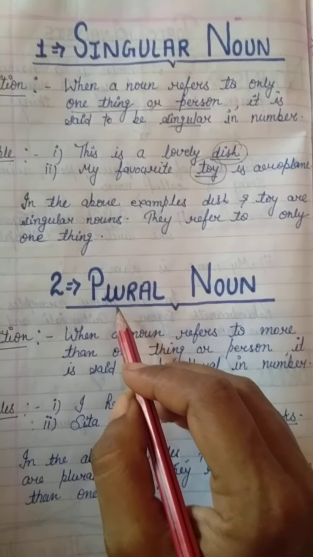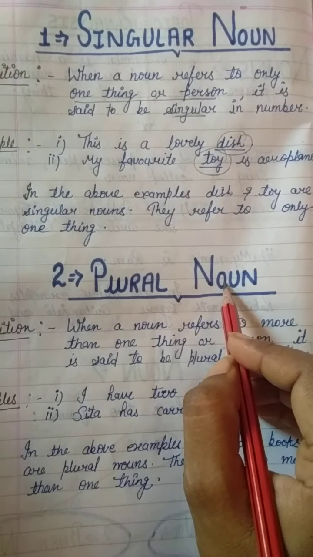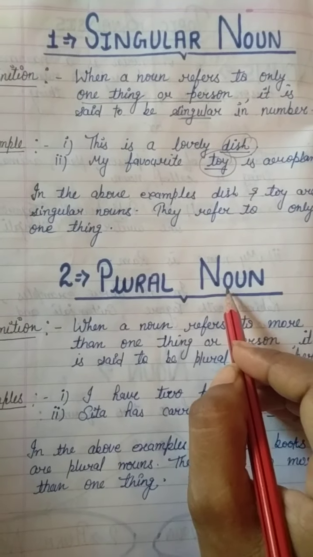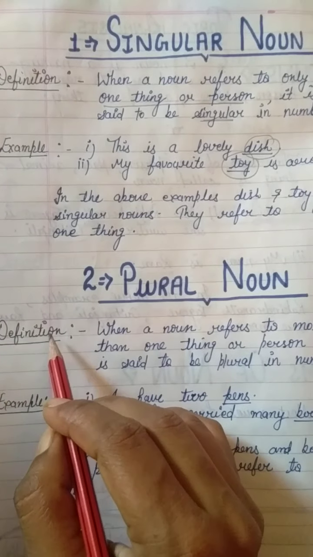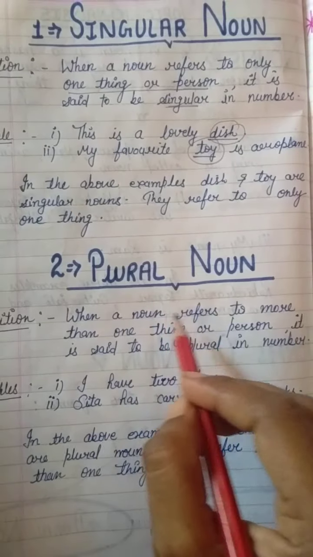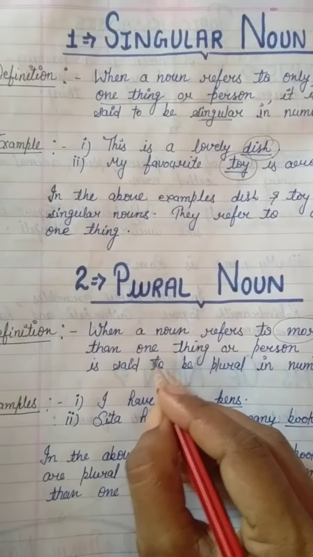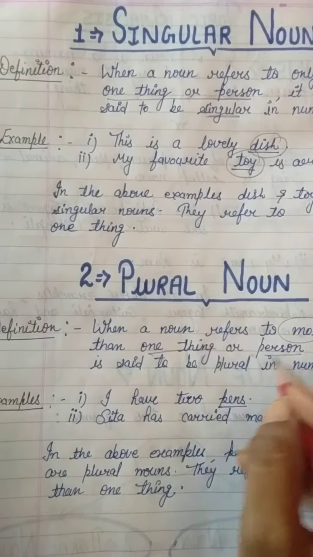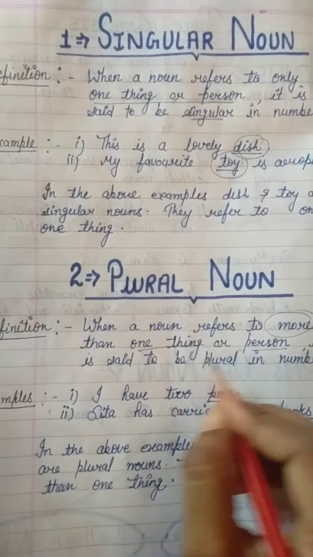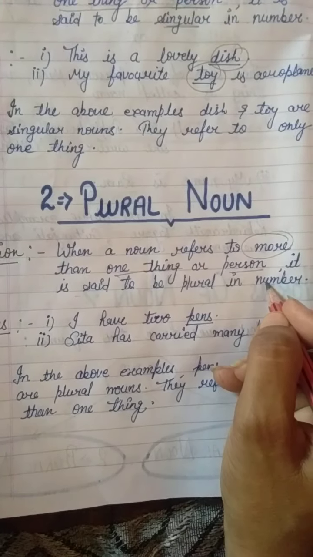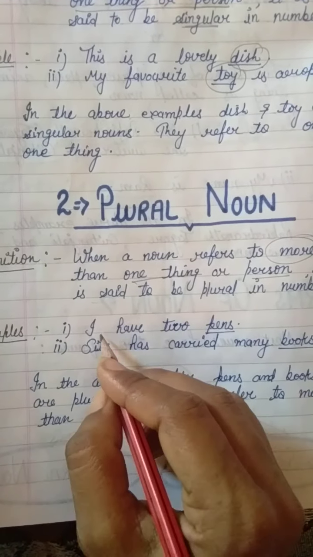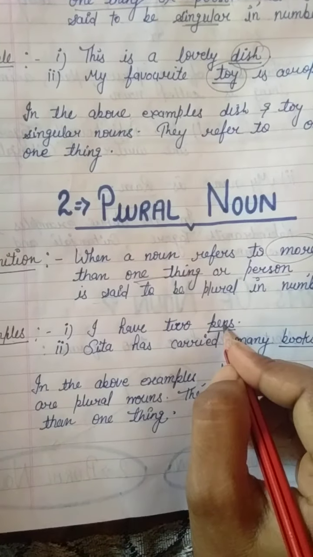Now students, let's talk about the plural noun. What is a plural noun? The definition of a plural noun is: when a noun refers to more than one thing or person, it is said to be plural in number. For example, I have 2 pens.